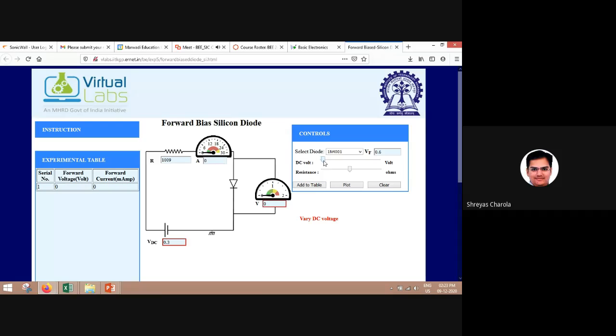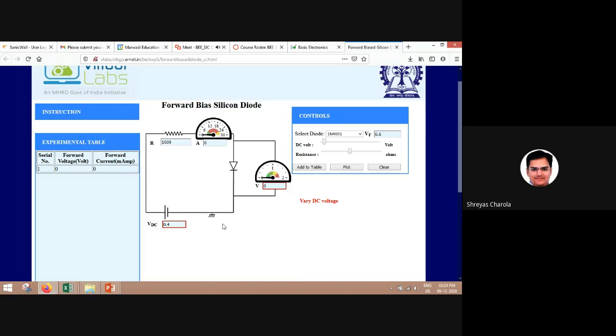Increase the voltage to 0.4. Still I didn't get any current, so put it over here. At what voltage you are getting a current, that is what you need to find.